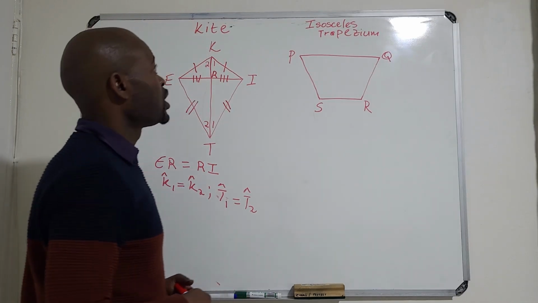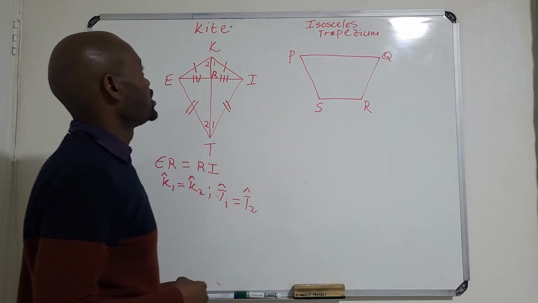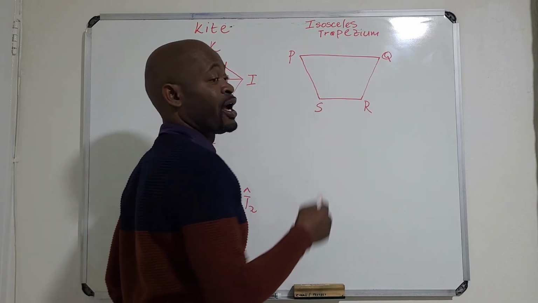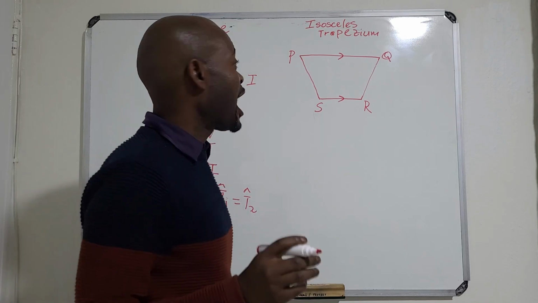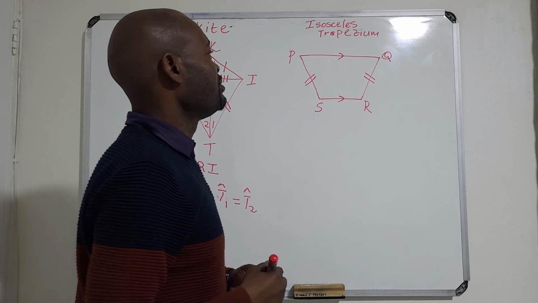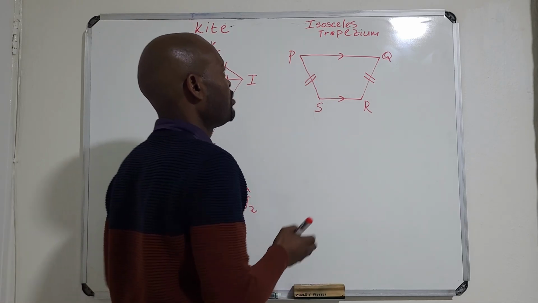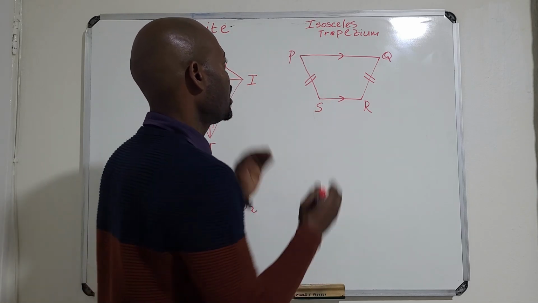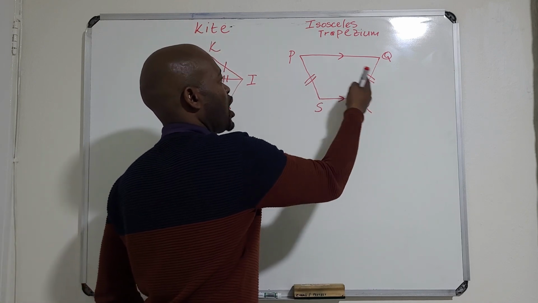Now, we want to talk about an isosceles trapezium. An isosceles trapezium is a quadrilateral with one pair of opposite sides parallel and the other pair equal. Therefore, in an isosceles trapezium, one pair of opposite sides are parallel and the other pair have equal lengths.